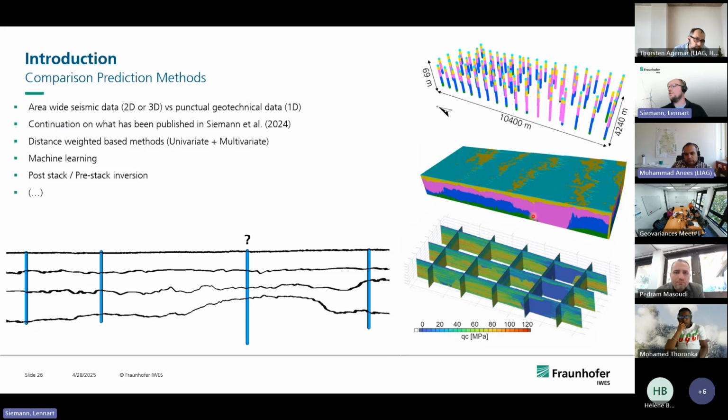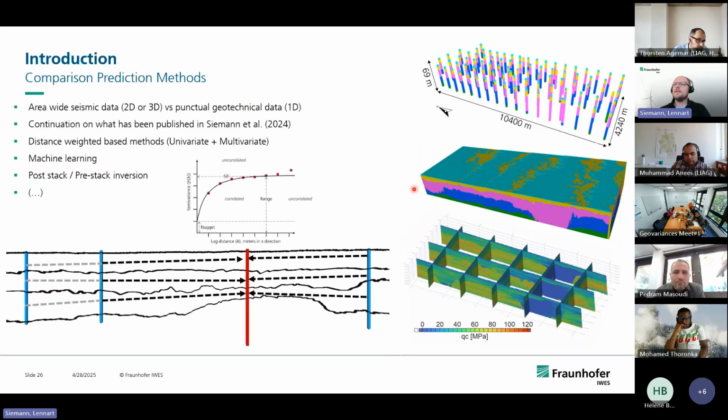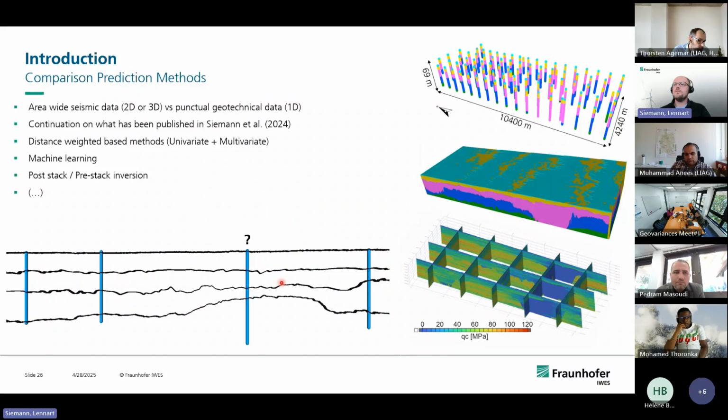But this gives you a nice picture here, for example. Here you can see from the geological interpretation a tunnel valley, and you can see that this is related to a very low cone resistance, because this is basically a clay tunnel valley, based on clay deposits. And this concept is what you're also aware of, I think, which is split testing, right?